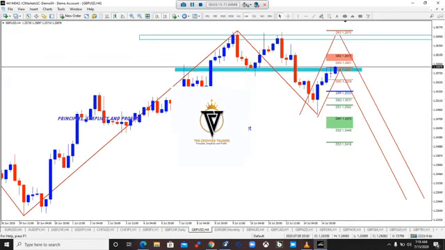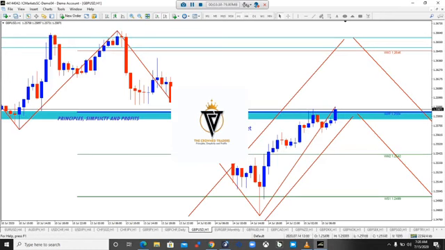So we could consider this place where price is currently as the retest of the neckline of the structure. You could see the zigzag tool telling us the end of this breakout from the neckline to the downside, and then the retest of the neckline somewhere here.